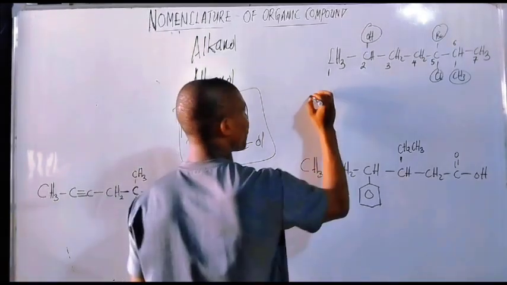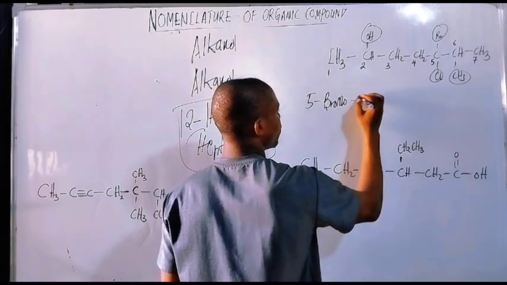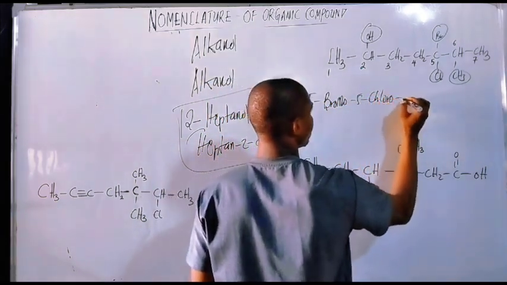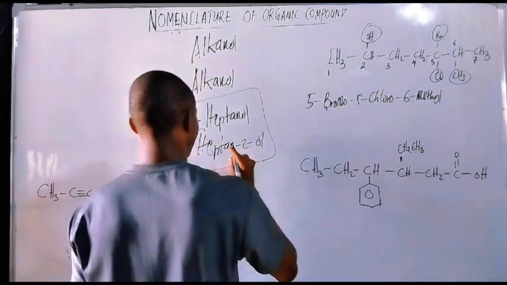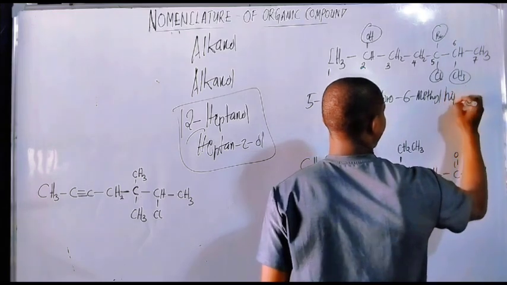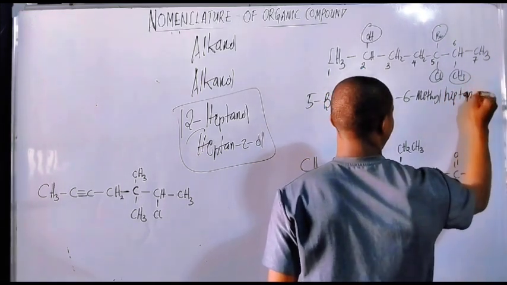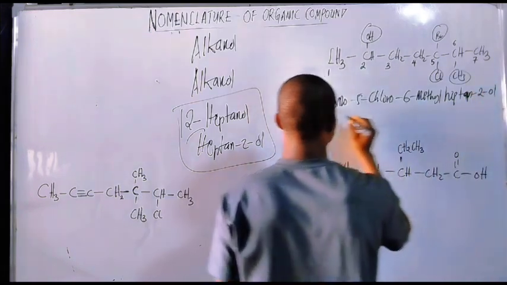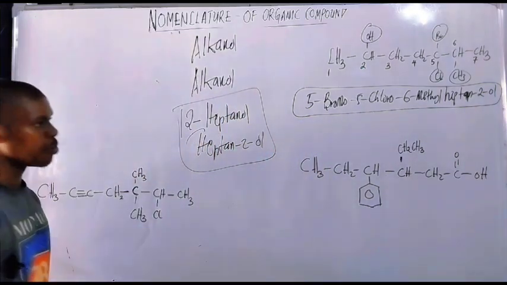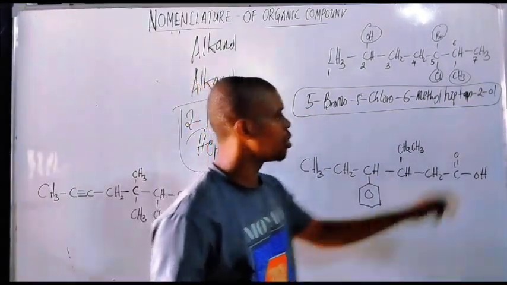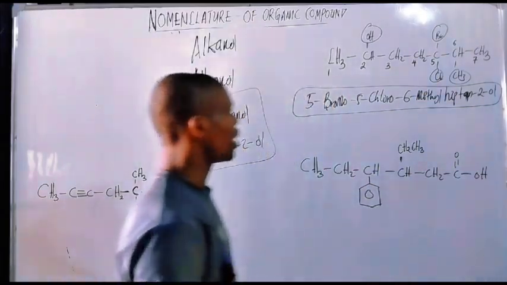Here we have 5-bromo, 5-chloro, 6-methyl, heptan-2-ol. Correct. So that is the nomenclature of alcohol.